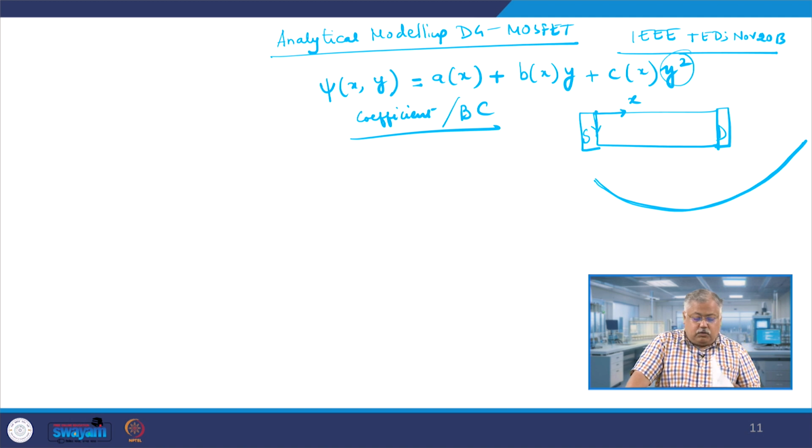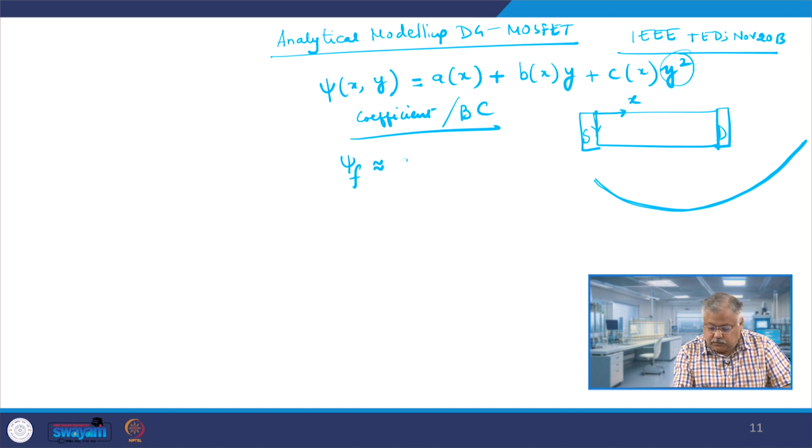And using that, with a Gaussian profile, what we found from all this discussion was that the final value of the surface potential is given by psi_f approximately equal to C1 e to the power minus x by lambda plus C2 e to the power x by lambda plus some integral.